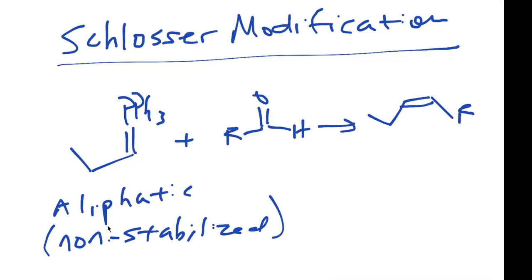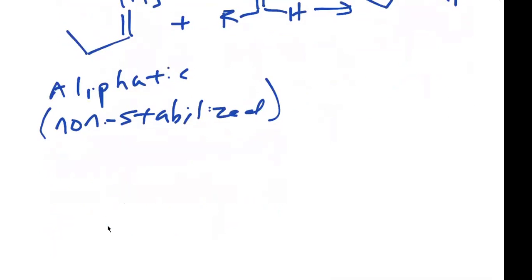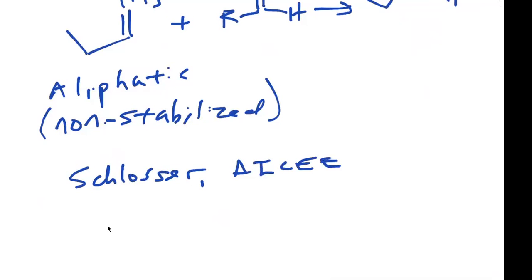So the Schlosser modification, which is old, 1964, that's when it was first published, and it's in Angewandte, page 636, right?